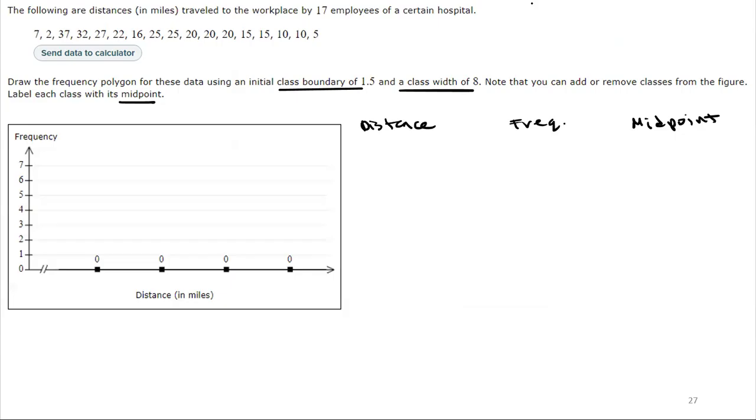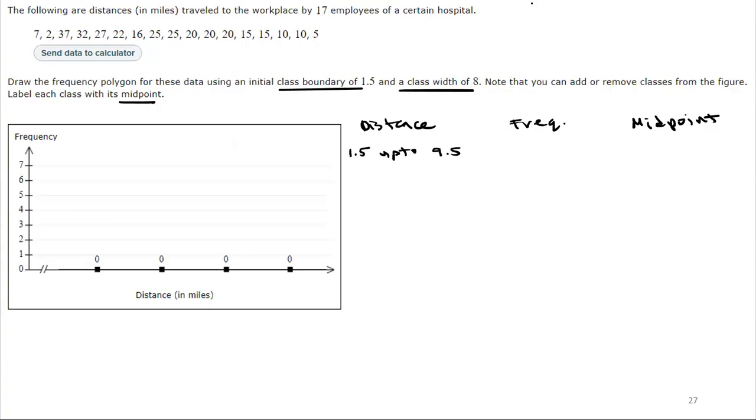So the distance, it says we're going to use an initial class boundary of 1.5. So we're going to start at 1.5. And we're going up to, says a class width of 8. So we just add, so 1.5 plus 8 is going to give us 9.5.